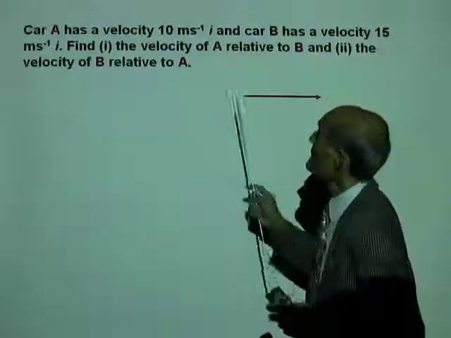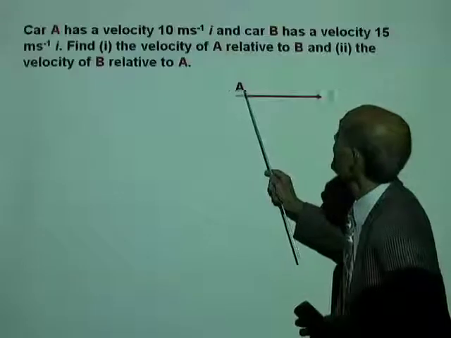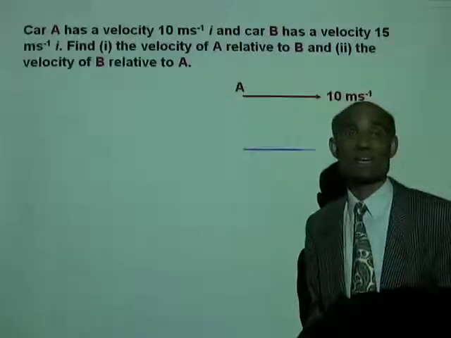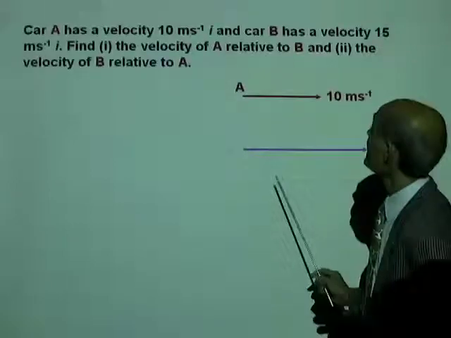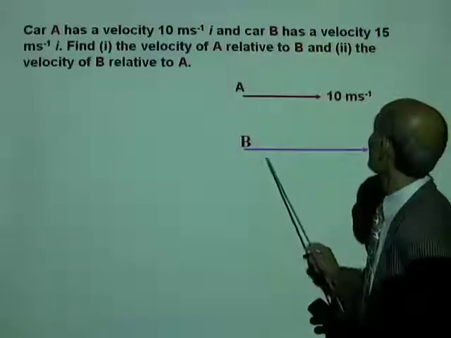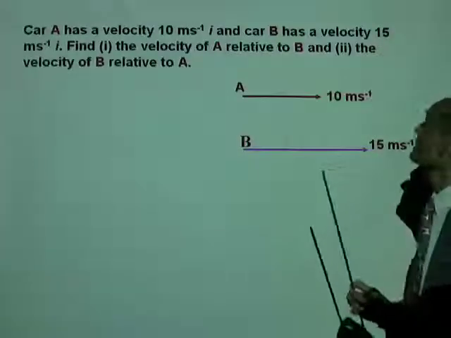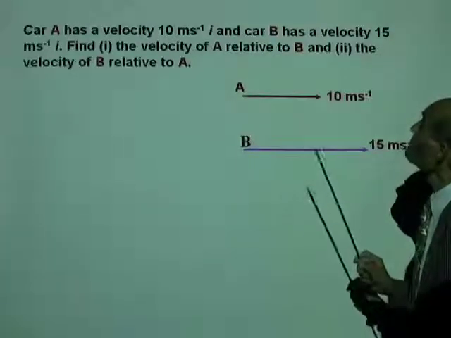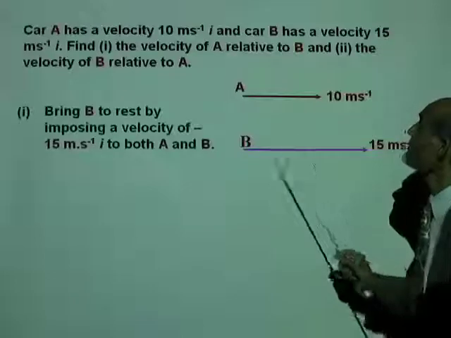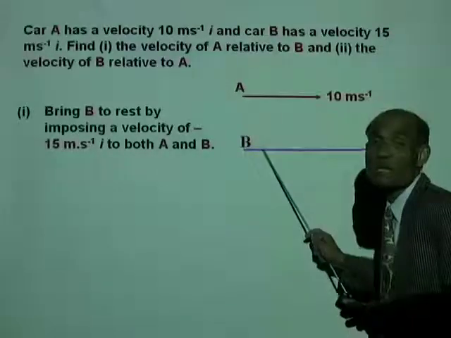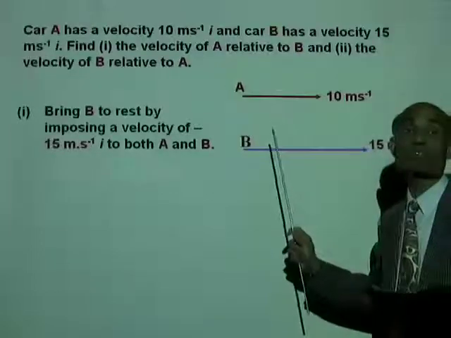Alright, let's see. Car A is moving east at 10 meters per second. And car B has a velocity of 15 meters per second. Alright, we need to find the relative velocity of A with respect to B. B is now the reference frame.